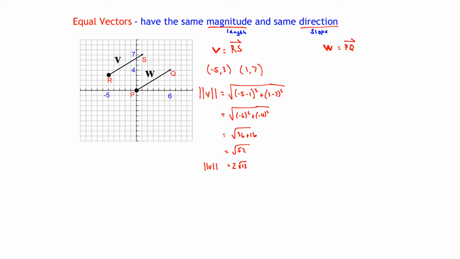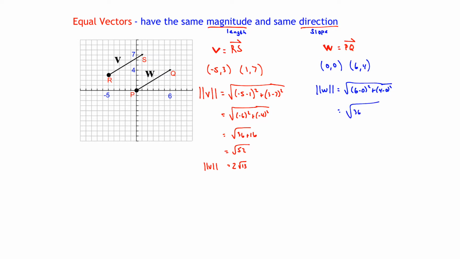Now let's go ahead and look at vector W. So point P is at 0, 0, and point Q is at 6, 4. So we will find the magnitude of vector W. And so we'll do the change of x, 6 minus 0 squared plus the change of y, 4 minus 0 squared.